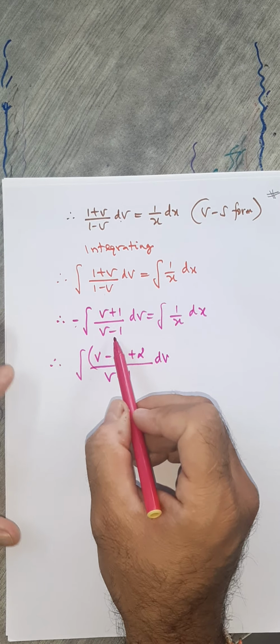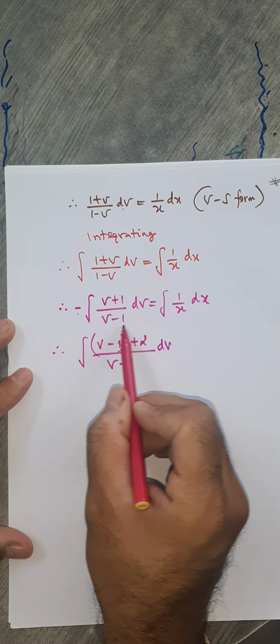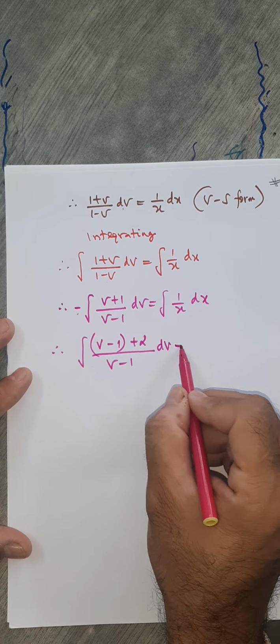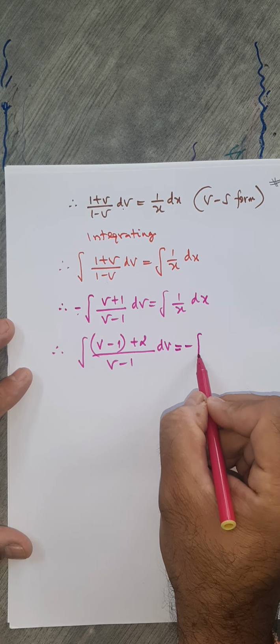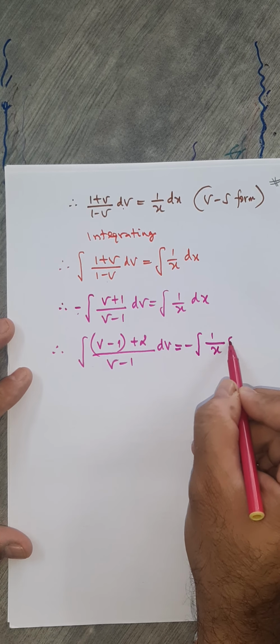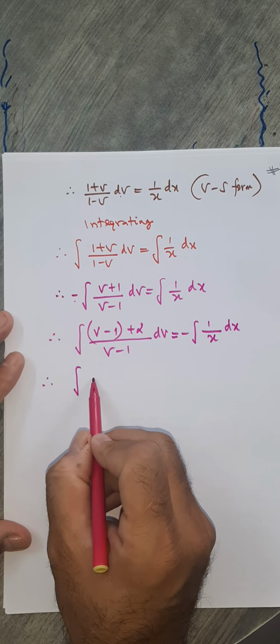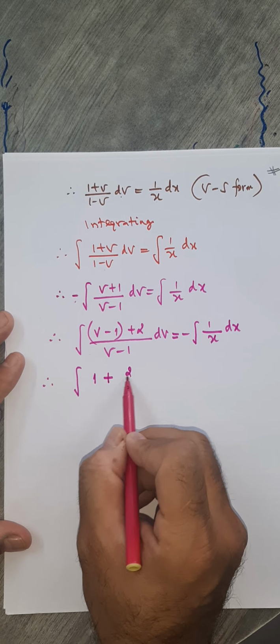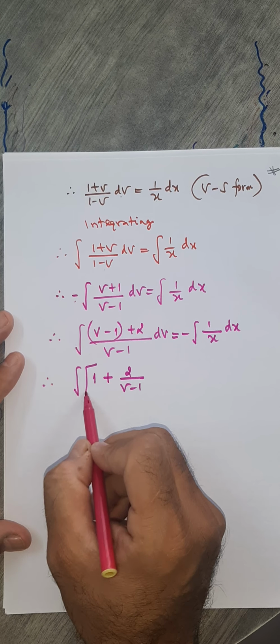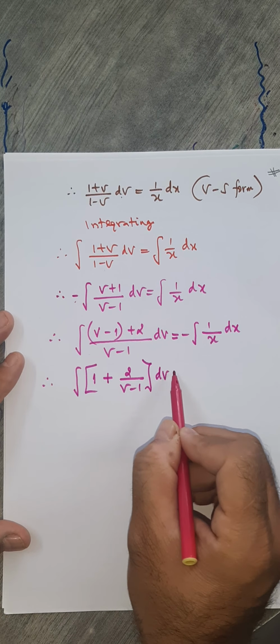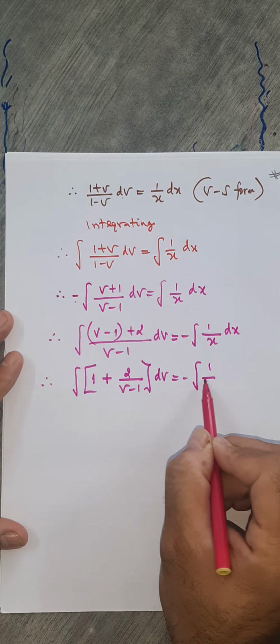Right? This is linear upon linear, so normally we set this expression over there. I'll take the minus sign on the other side, so minus 1 upon x dx. Now do individual division. This upon this gives us 1. This is 2 upon v minus 1, dv equals to minus 1 upon x dx.